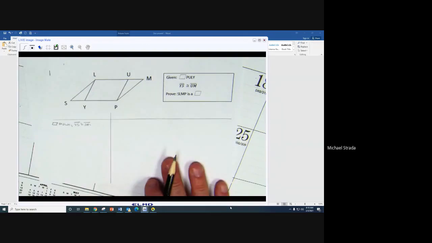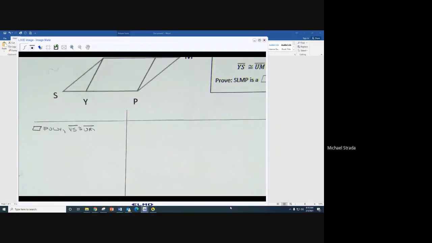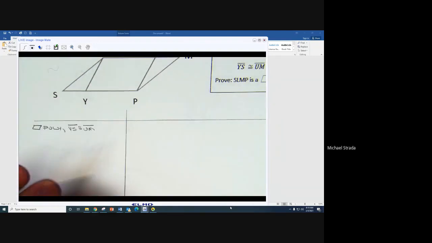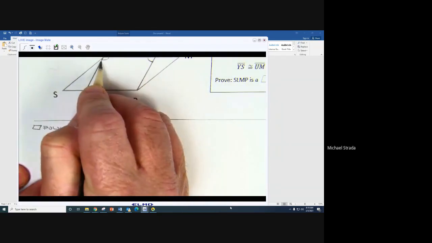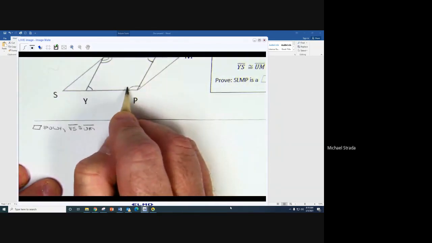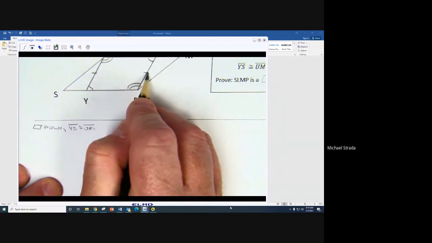Okay. Now, basically, they tell us that PULY is a parallelogram. All right, so that angle is congruent to that angle. That angle is congruent to that angle. All right. That side is congruent to that side.